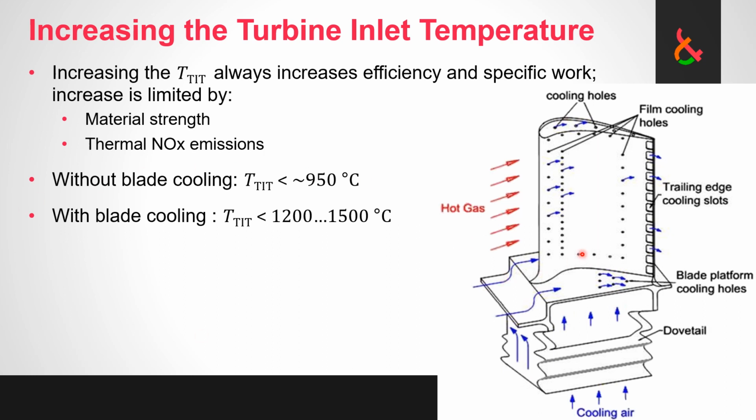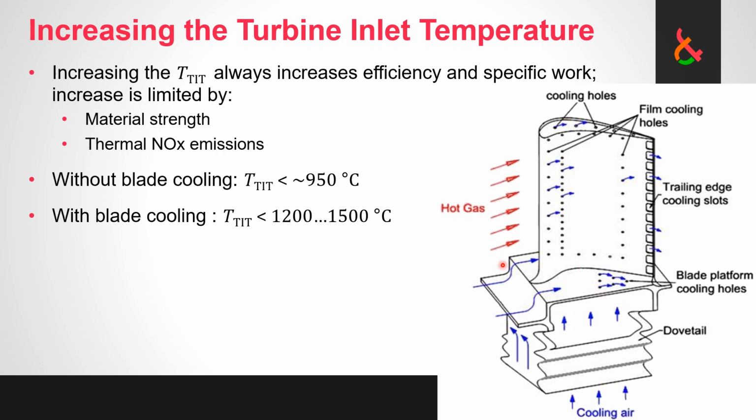So air wants to come out from here, and when the really hot gas comes, this air forms an insulating film of colder gas around the blade. What it means is that the blade is basically operating in an environment where the temperature is substantially lower than the incoming flue gas stream.